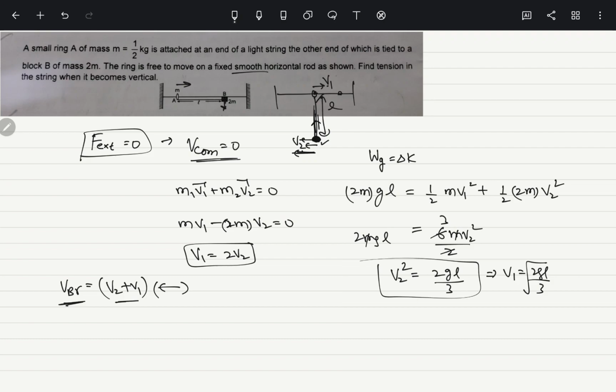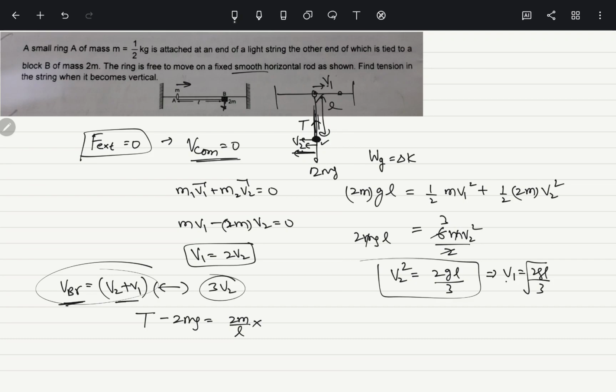Now we'll apply the force equation. The net force towards the center: there's the tension and there's 2mg. So T minus 2mg is equal to mv squared by r, which is 2m by L into v squared. Here v is v2 plus v1, and v1 is nothing but 2v2, so it is 3v2.